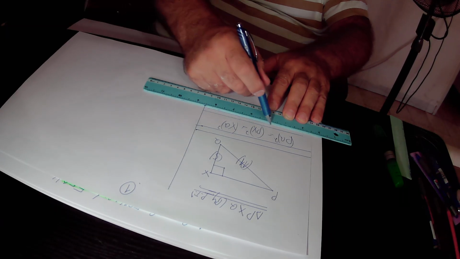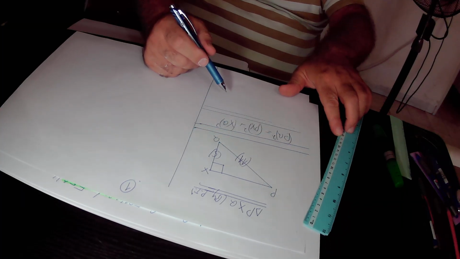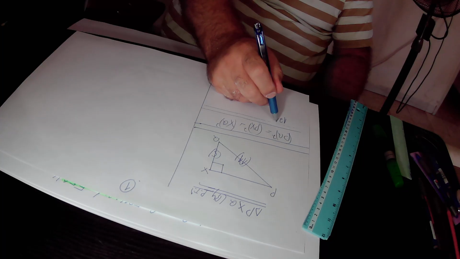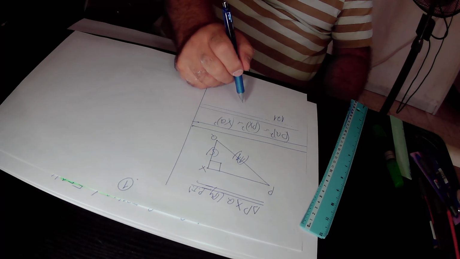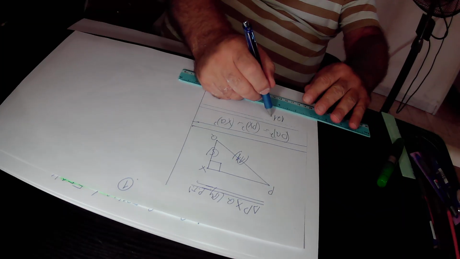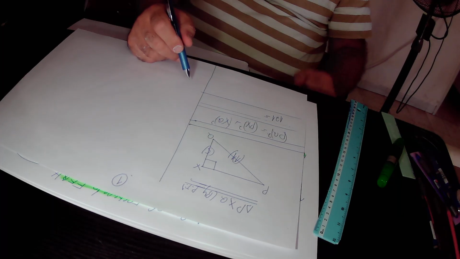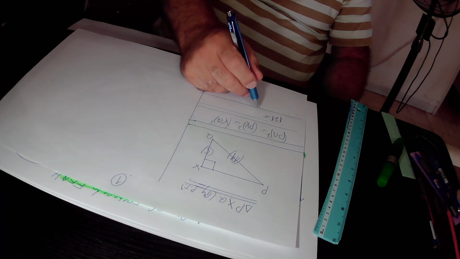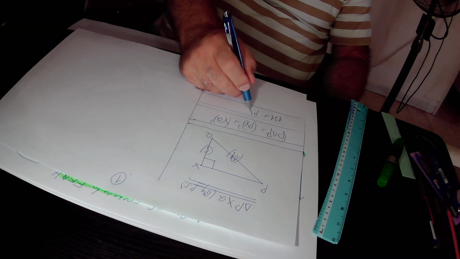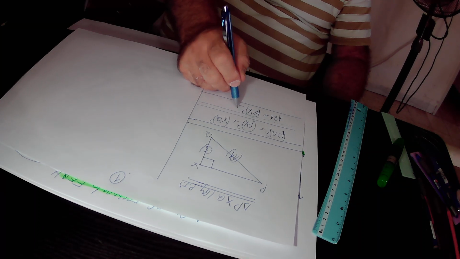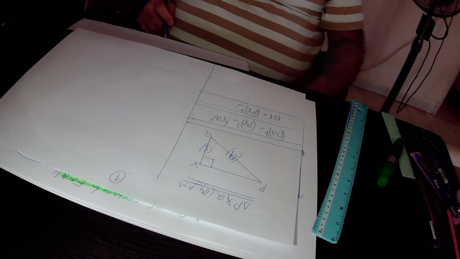PQ equals 11, now PQ squared is 11 squared, that is 121 of course, and it equals PX squared. PX is the missing side, so we leave it as it is, so it is PX squared plus XQ squared.